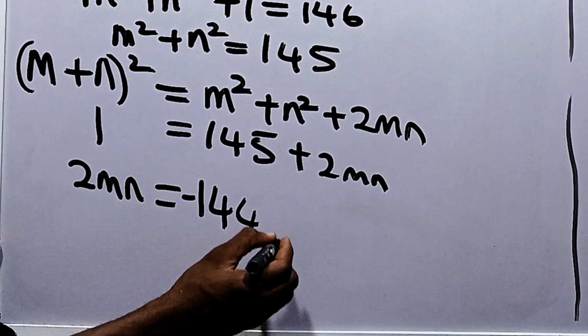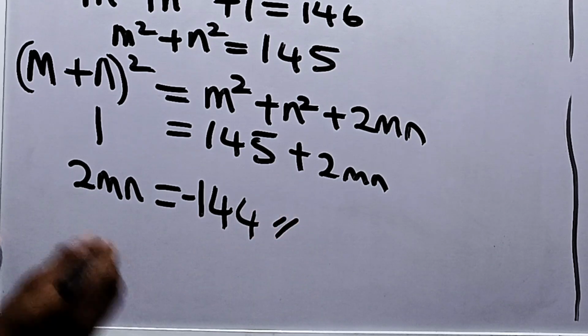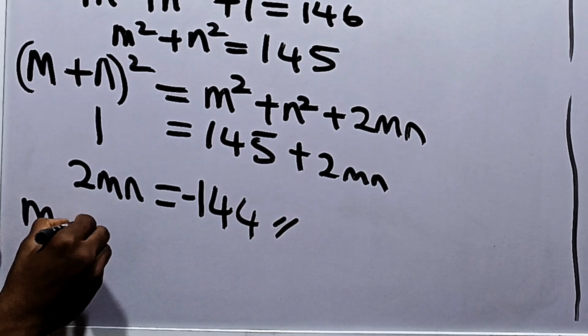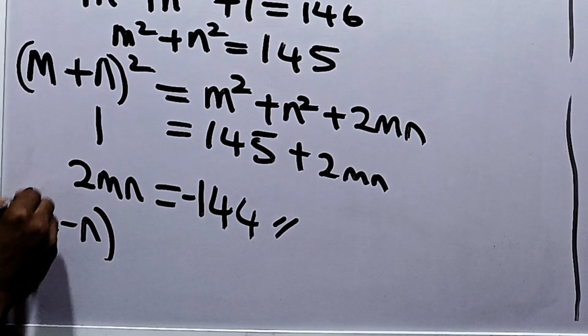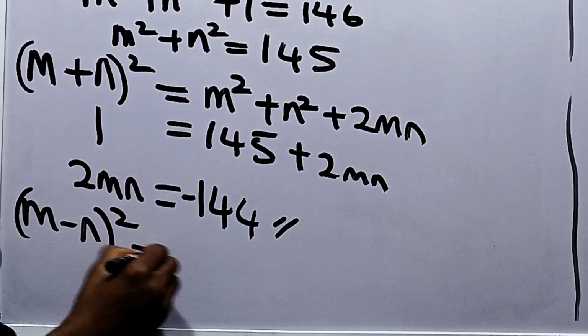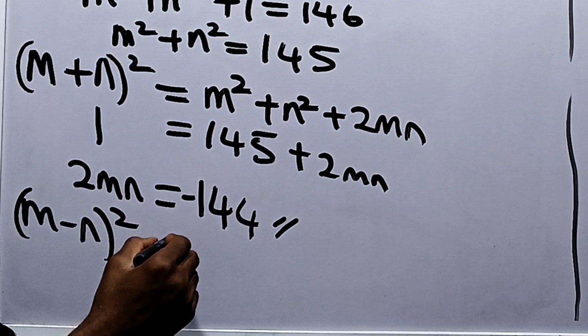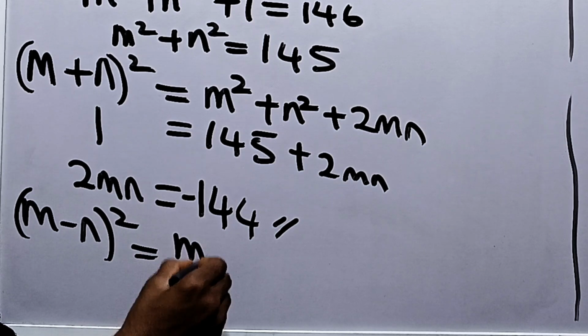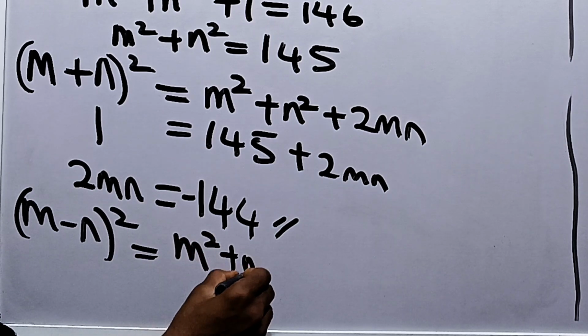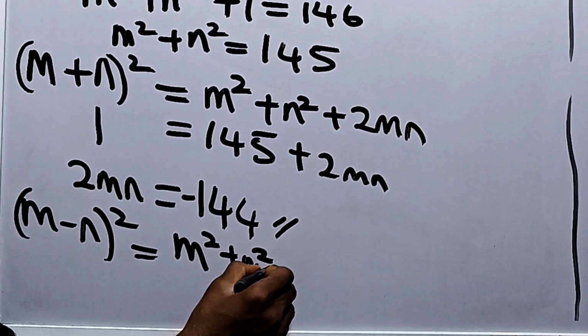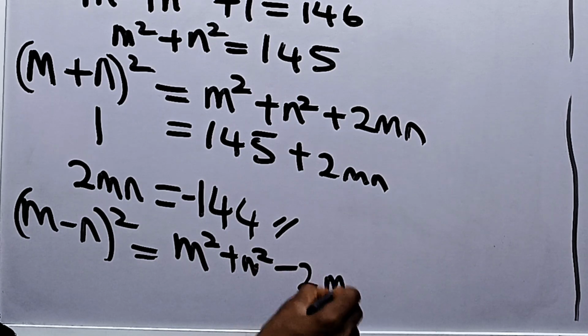Now, let's just keep this like this, okay? And say, when we have m minus n all squared is equal to m squared plus n squared minus 2mn, okay?